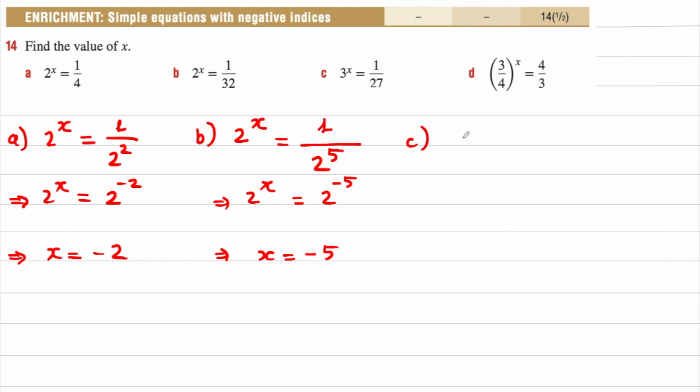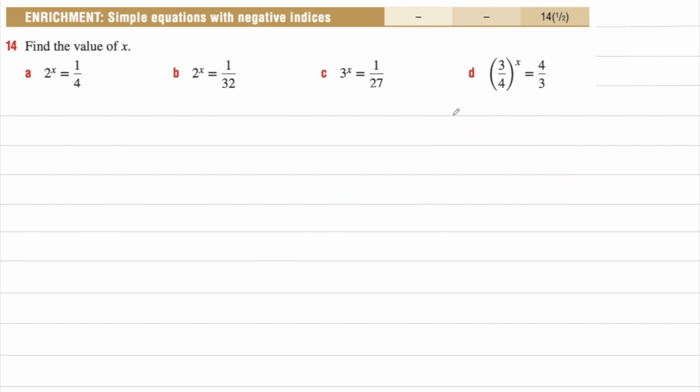The next one, question C. 27 is quite easy to recognize, it equals 3 to the power of 3. And then 3 to the power of x will become 3 to the power of minus 3, and then x equals minus 3. Yeah, question C, we finished. About question D, I think you can recognize this one is the reciprocal.